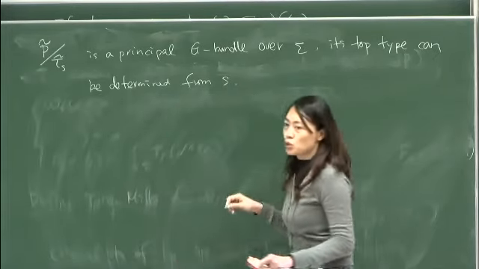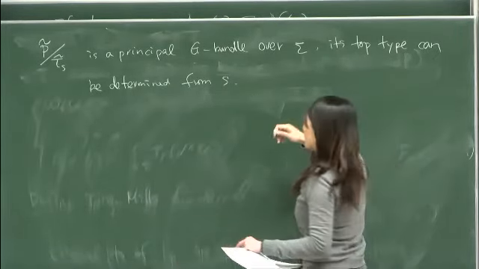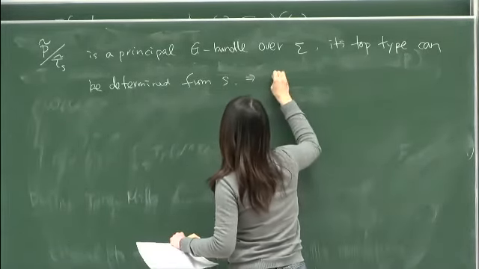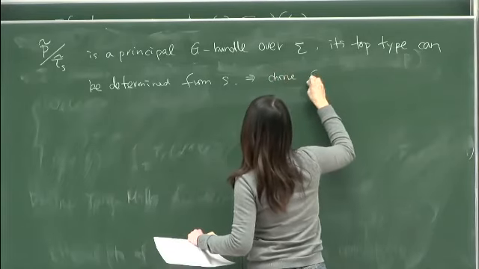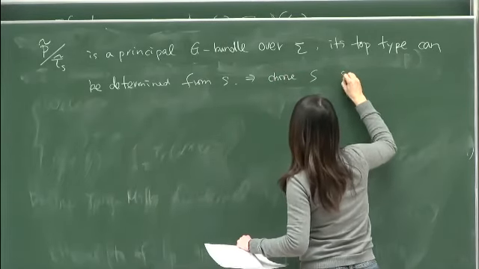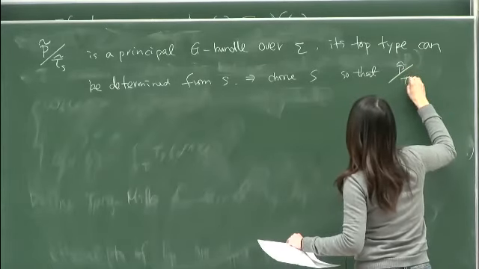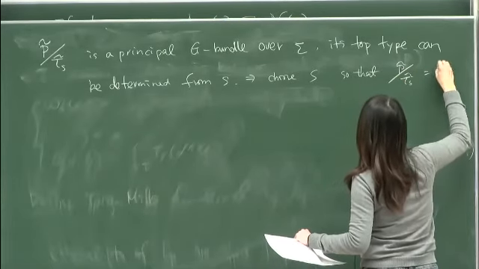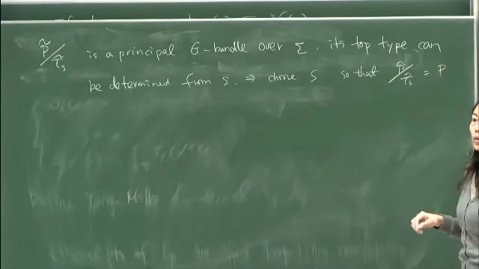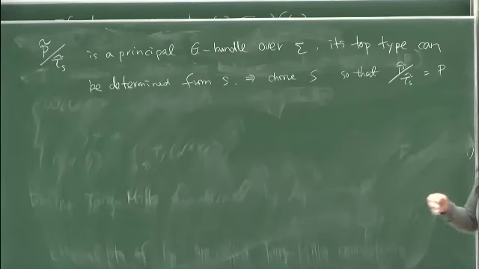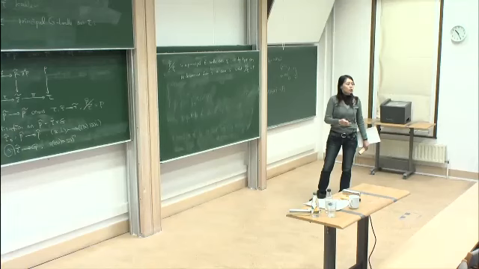And so basically we just choose this map s so that this is equal to our original bundle that we start with. So that is exactly how we get all the principal bundles over the nonorientable surface.